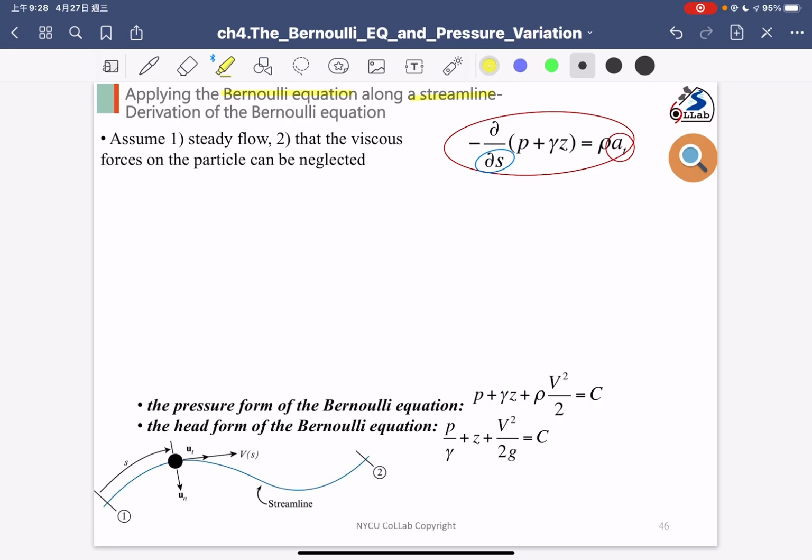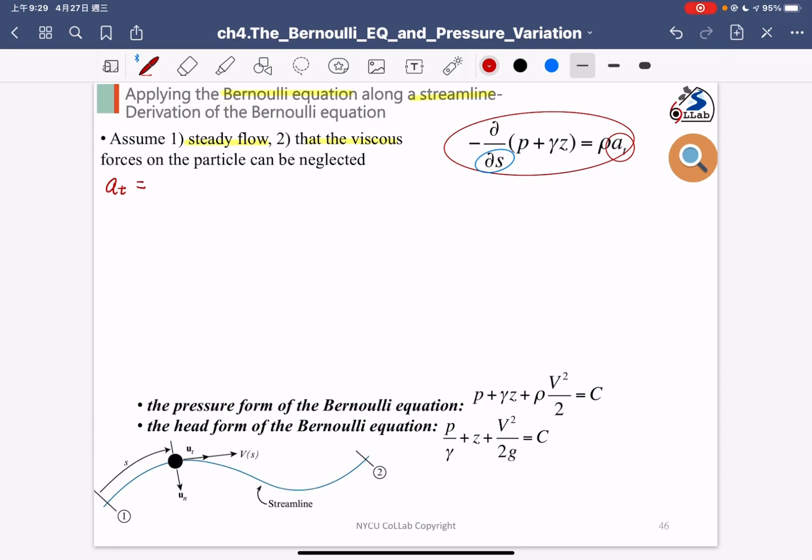One is we assume steady flow, and the other is that we think our flow is inviscid flow. That means in our problem we don't consider the viscosity effect. So for these questions, we know what is a_t. The t is the tangential acceleration along the straight line.